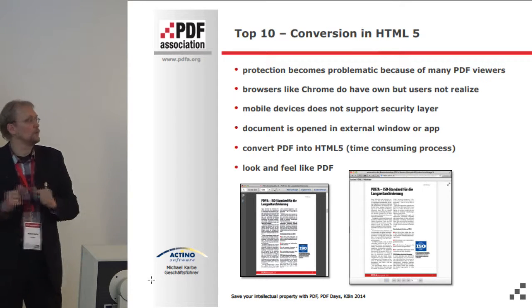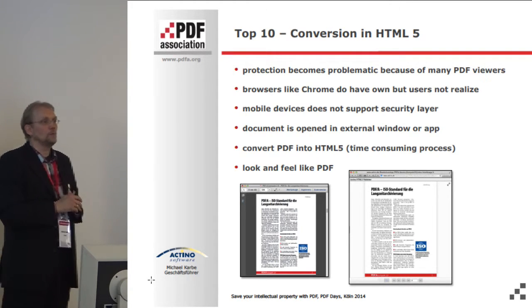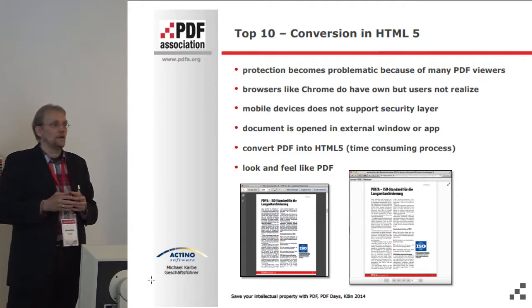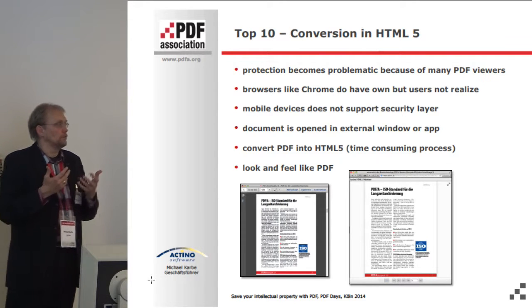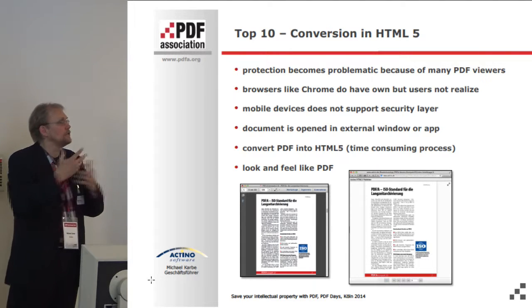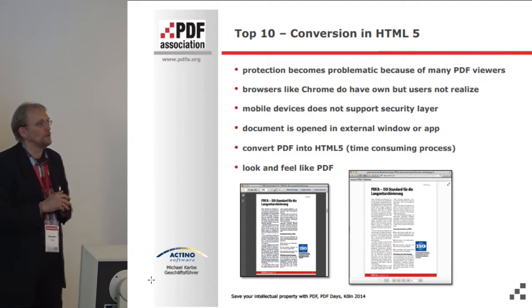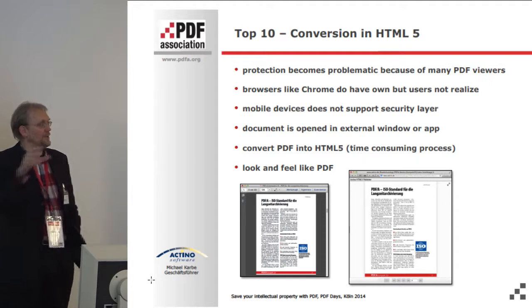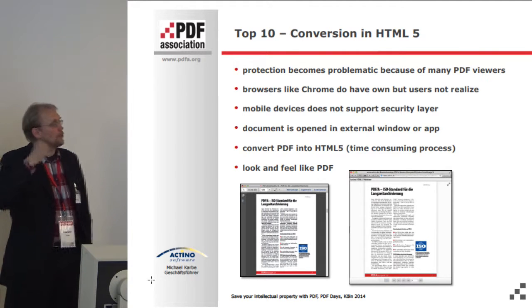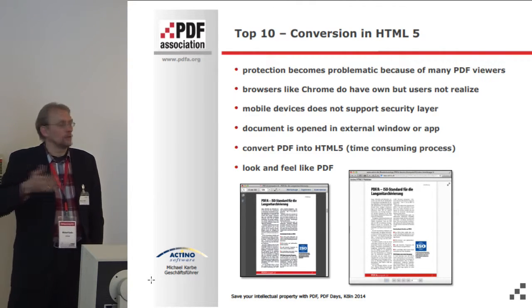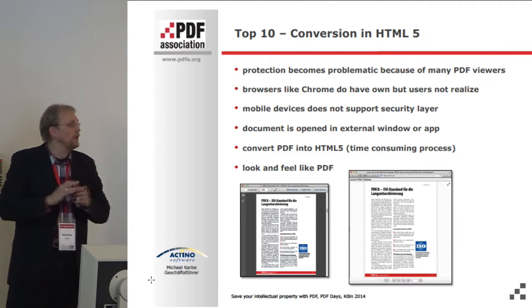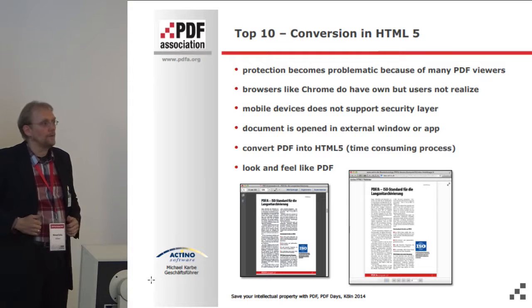They do have Adobe Reader on their computer, they install Google Chrome, and then they open a PDF file inside the browser, and they do not realize that this is the Chrome viewer, because the viewer does not tell them, I am now the PDF viewer of Chrome. So they think it's Adobe Reader, but it's the Google Chrome PDF viewer. And the problem is that the Google Chrome viewer does not support, first of all, the huge variety of PDF features.